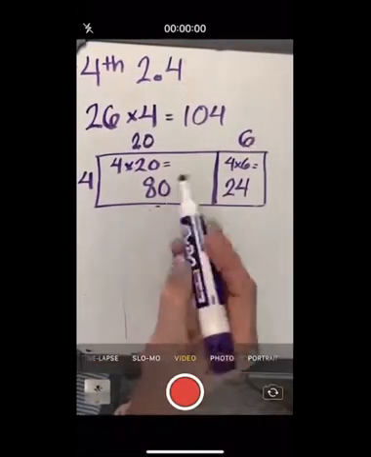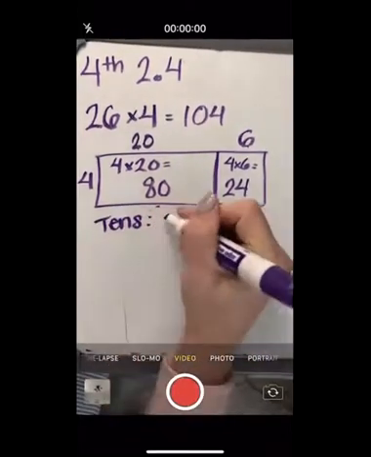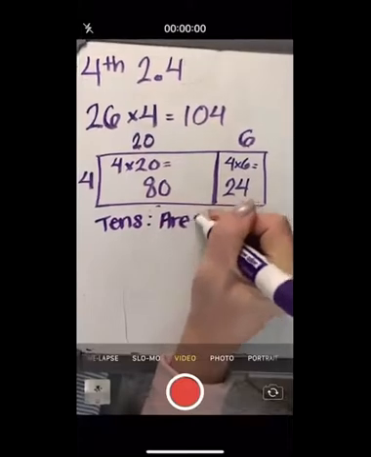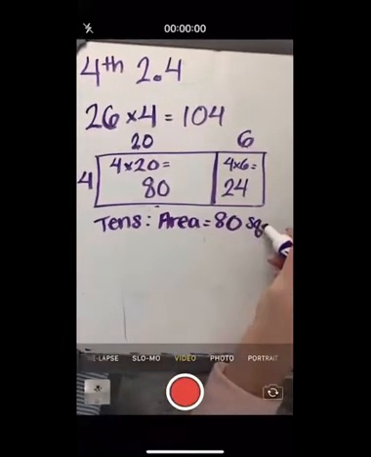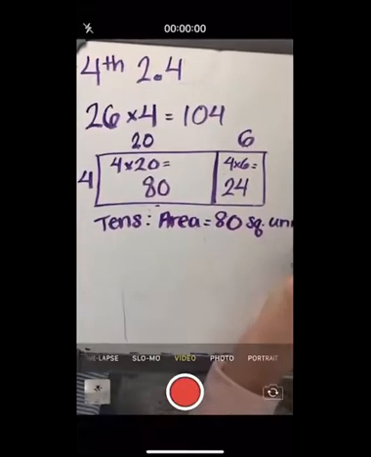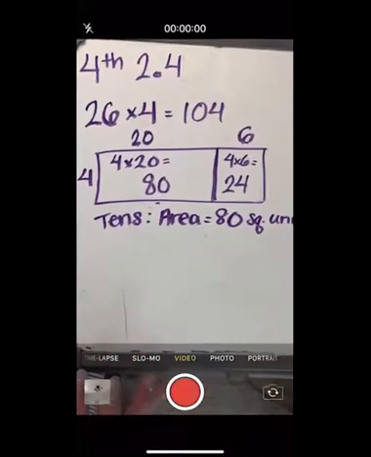So in our tens, the area is 80, or 80 square units in this case. It might become square feet or square inches, depending on the problem, and a word problem might give you something different.